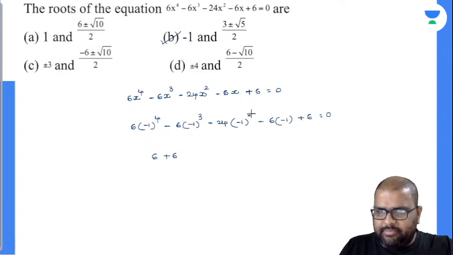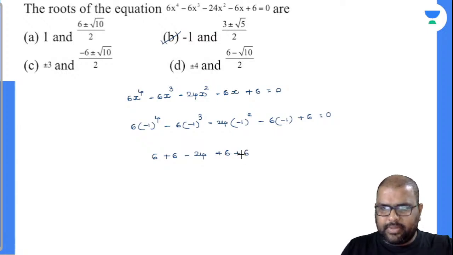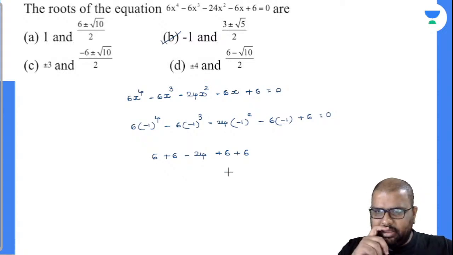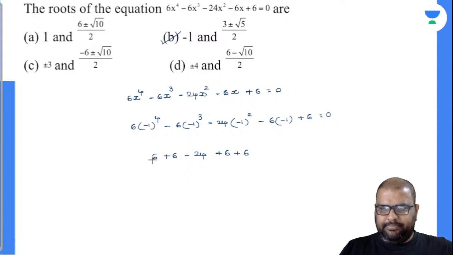So this will be minus 24. Minus into minus 6 will be plus 6 plus 6. Am I right or wrong? Yes or no? Now closely observe there. Am I making any mistake there? Plus only 12. Yes, completely it is 0.